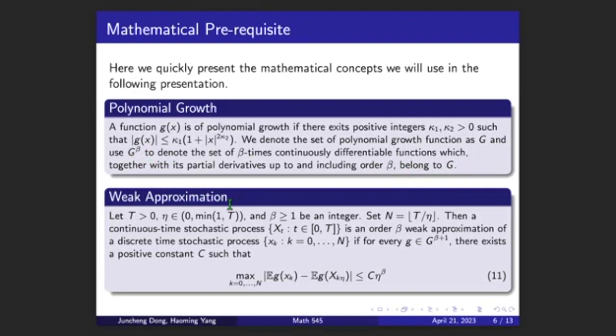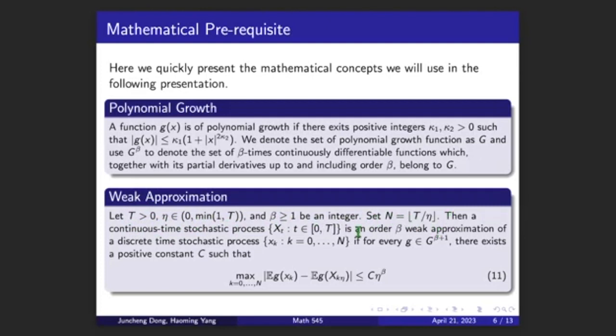Then we also need the concept of weak approximation. Let T be a positive number. Let eta be in the range of zero and the smaller value between one and T, and let beta be an integer. Set N equal to the floor of T over eta.